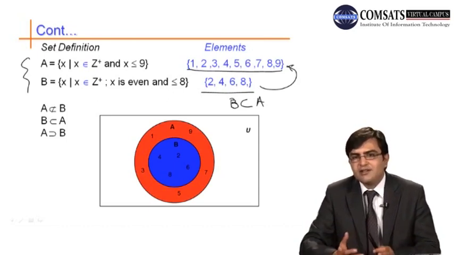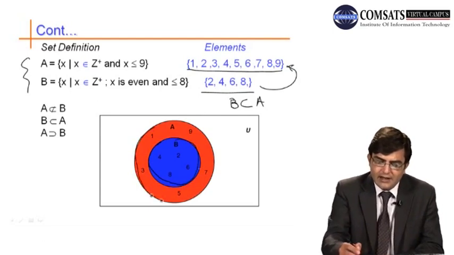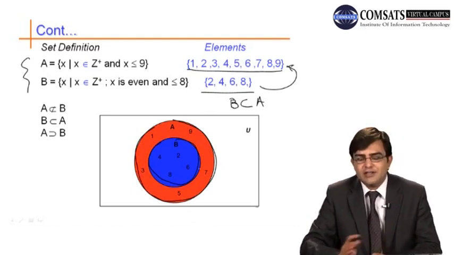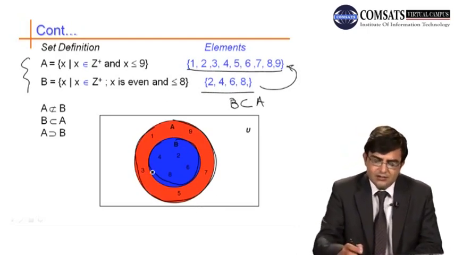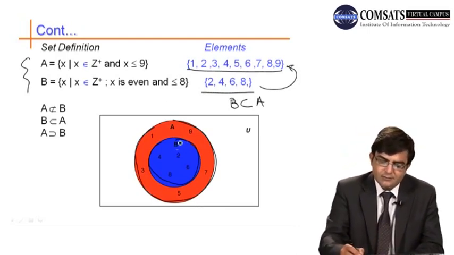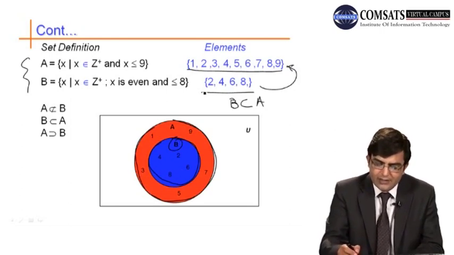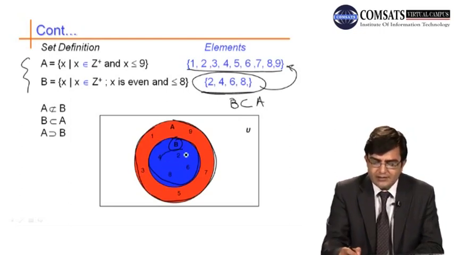So how do we construct the Venn diagram here? A must contain B, because A is a superset of B, or B is a subset of A. So we draw a small circle which represents B, and we draw a large circle which contains B. In B we write those elements which are in B only: 2, 4, 6, 8.